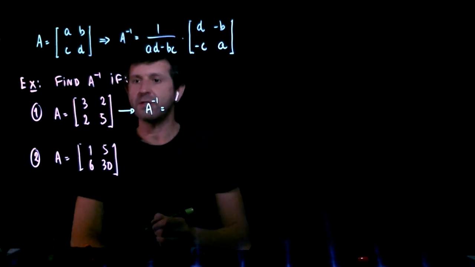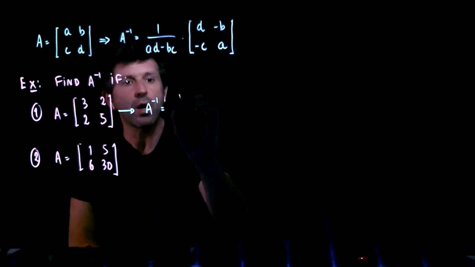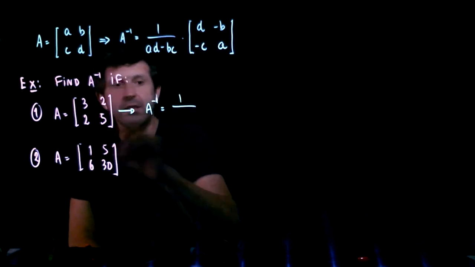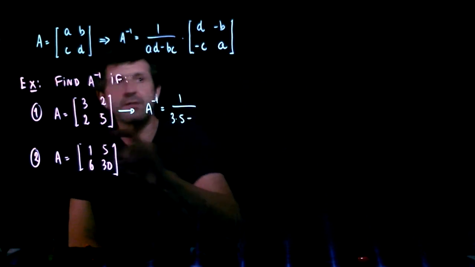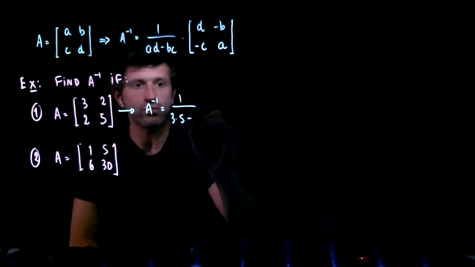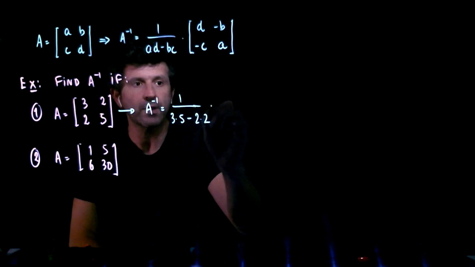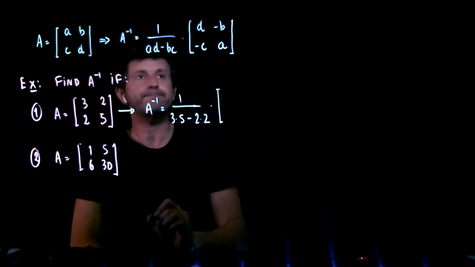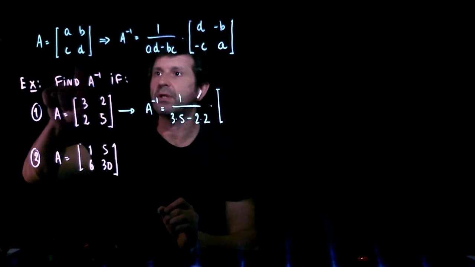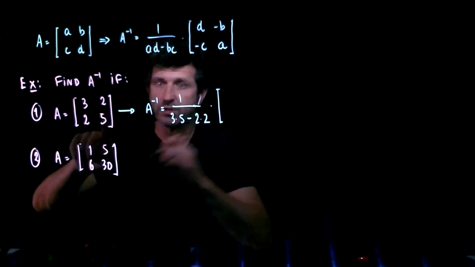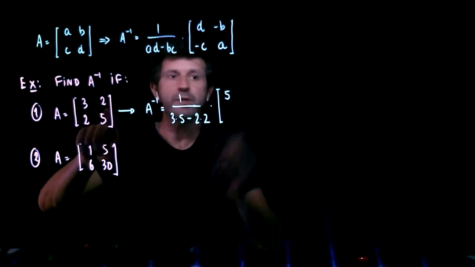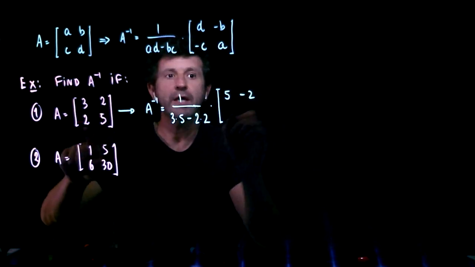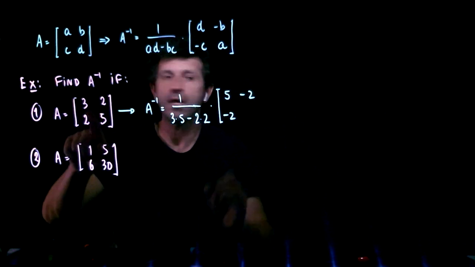So A inverse, in this case, will be 1 over AD, so 3 times 5, minus BC, which is 2 times 2, times the matrix. So D, which is 5, negative B is minus 2, negative C is minus 2, and A, which is 3.